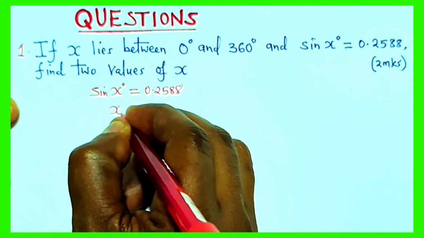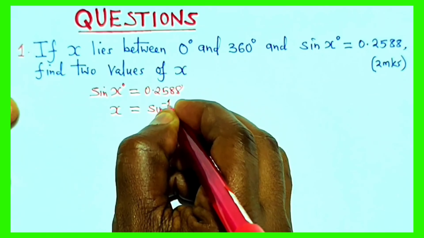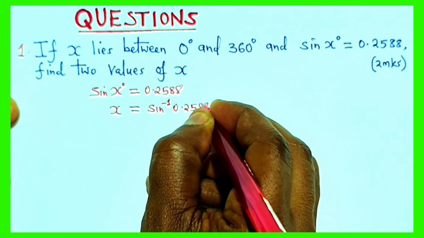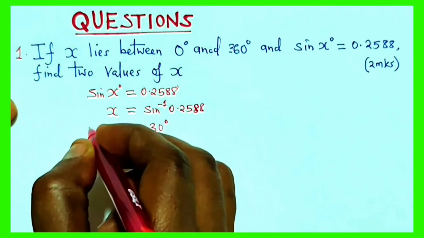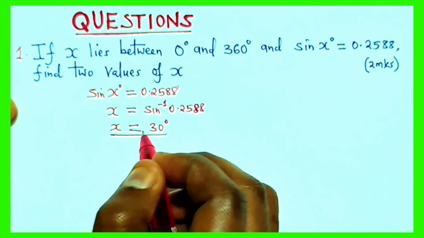And the value of x will be found by finding the sine inverse of 0.2588. Therefore, the value of x will be equal to 30 degrees.